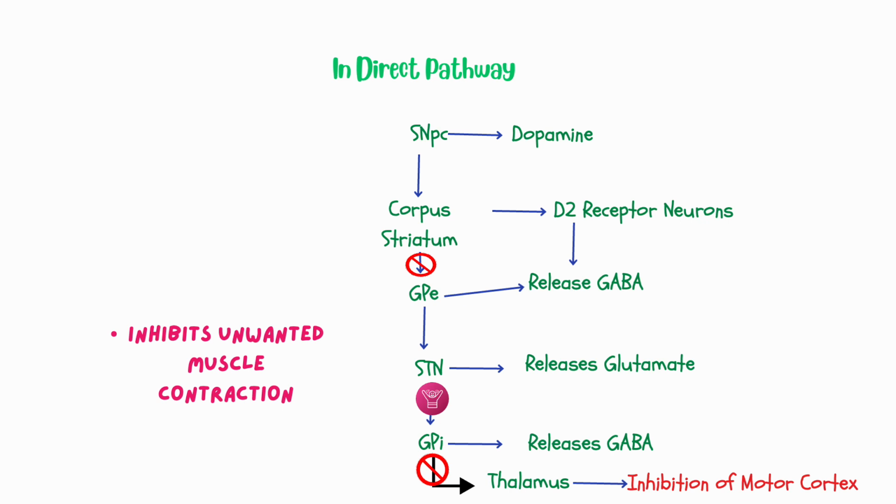I hope you have understood the basics of the basal ganglia, the anatomy of the basal ganglia, a bit about how to locate the basal ganglia on an MRI image, where is the external capsule, where is the internal capsule, lentiform nucleus, caudate nucleus, as well as I hope you would have also understood the direct and the indirect pathway.